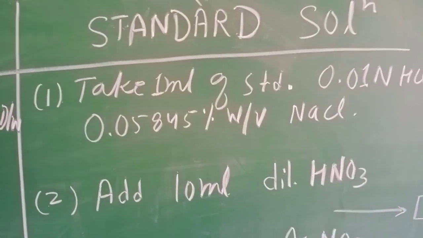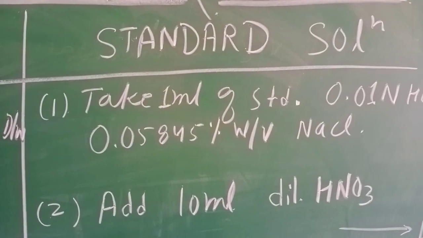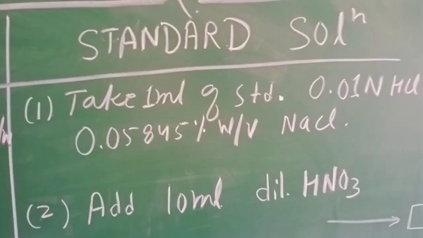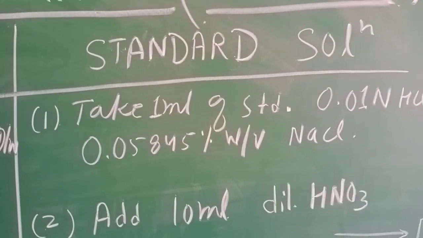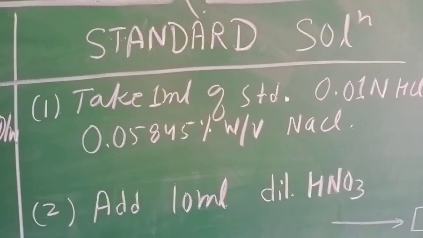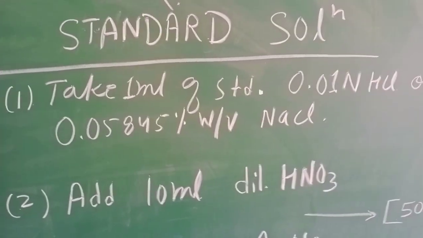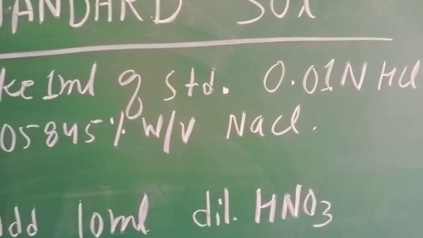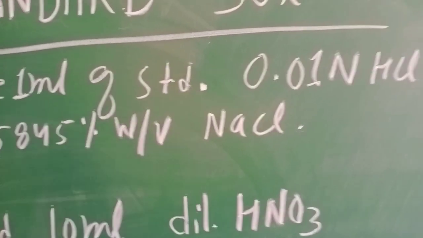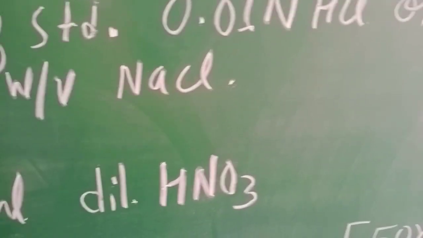Once we are done with step 1, that is taking 1 ml of either hydrochloric acid or sodium chloride, after this we can add 10 ml of distilled water, which I have not mentioned here.